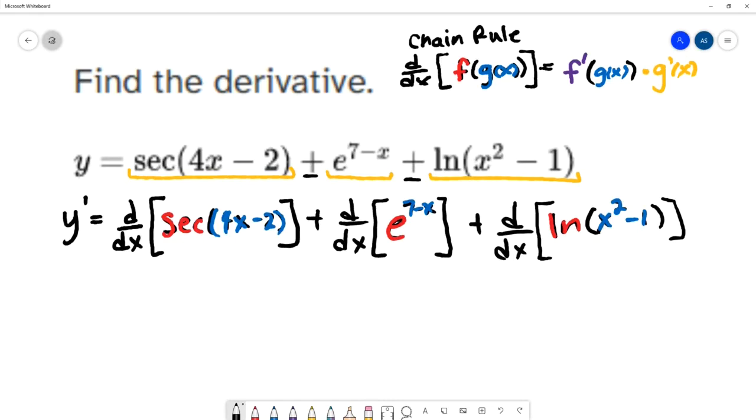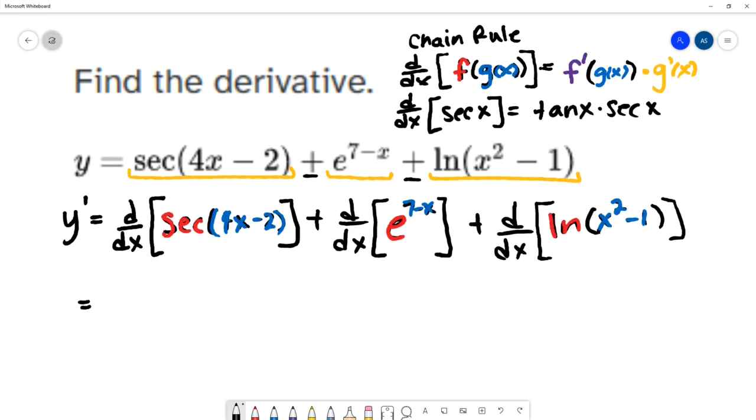So let's start with the secant of 4x minus 2. Our outside function is secant. So we need to follow the rule for secant. So what is the derivative rule for secant? The derivative of secant x is tangent x times secant x.